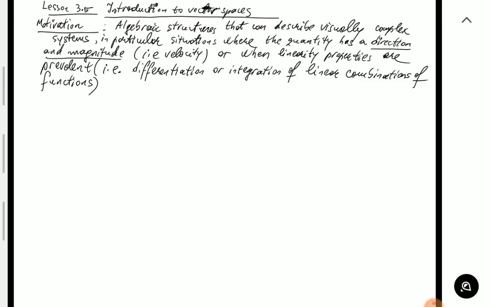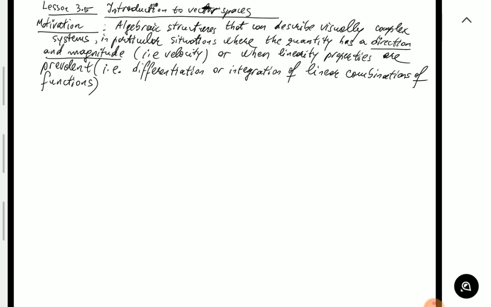Or when linearity properties are prevalent, and this is more in the context of differential equations. What do I mean by linearity properties? Well, basically, each time you can actually distribute some sort of operation over a sum, a linear combination.